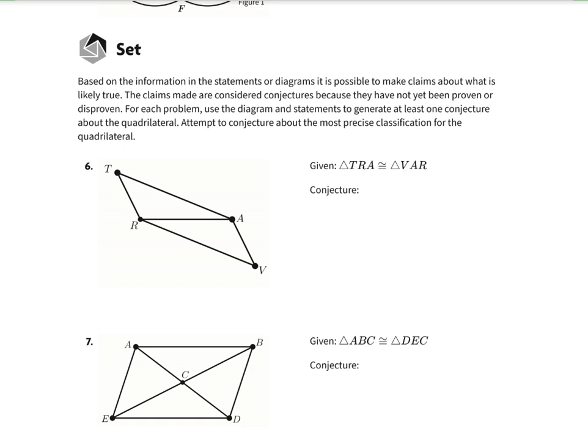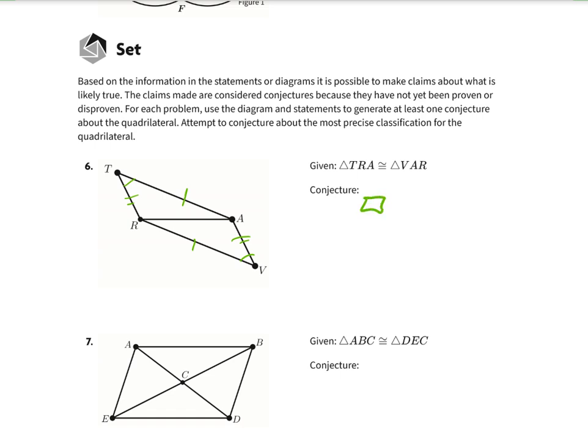Okay, so we know that these two triangles are congruent. So we can say these angles are going to be the same. These side lengths are going to be the same. These side lengths are going to be the same. So we are dealing with a parallelogram.